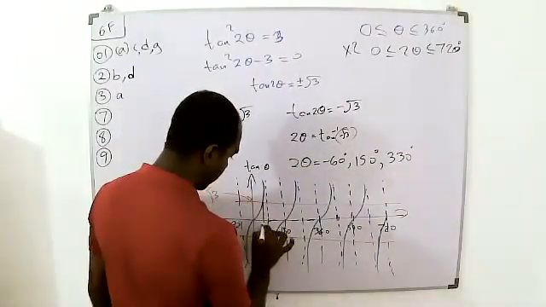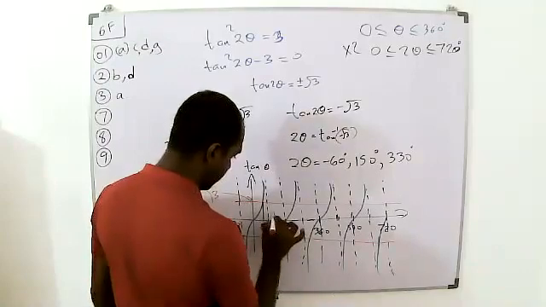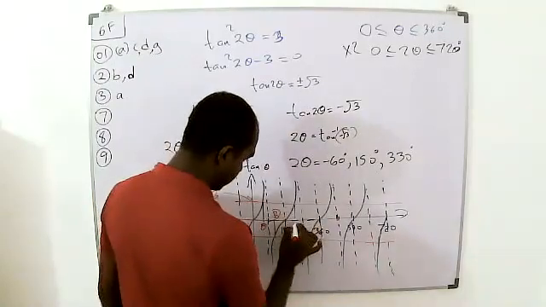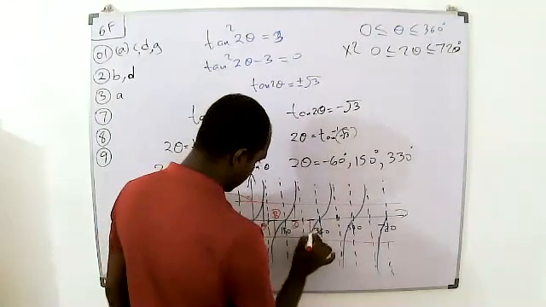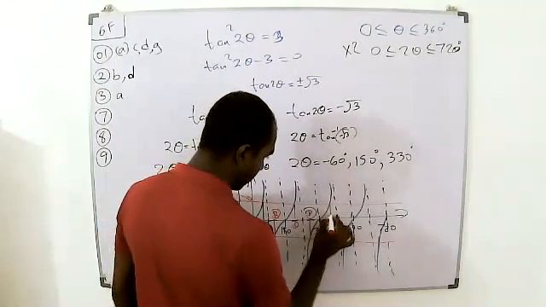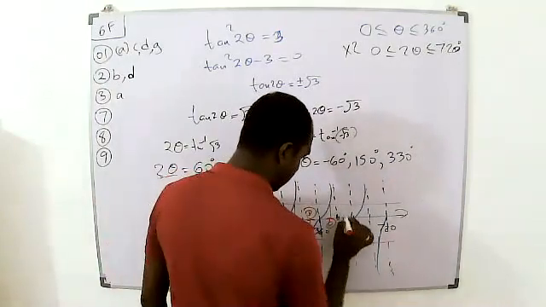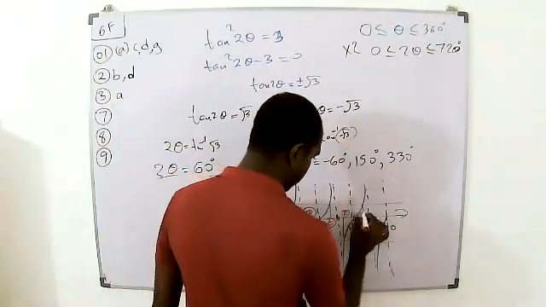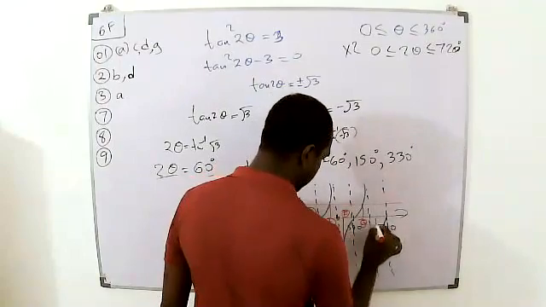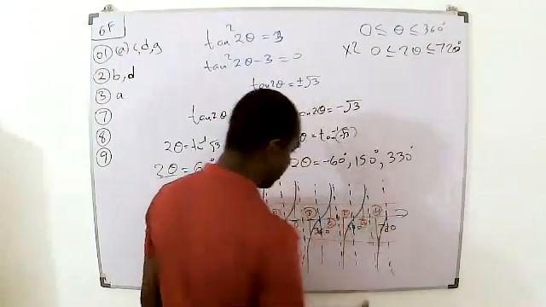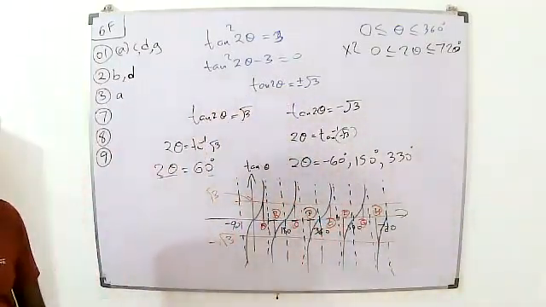I will write A, here B, here C, D, E, F, G, H. All of these are solutions, okay?